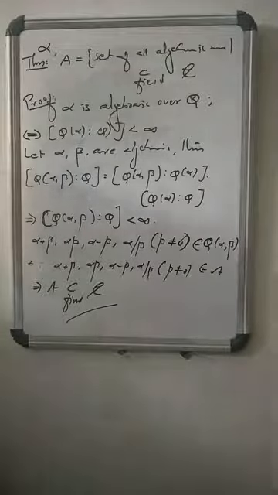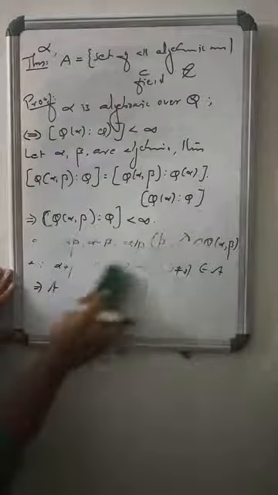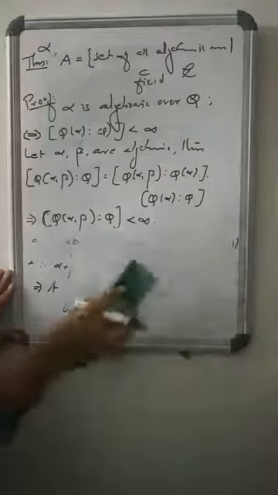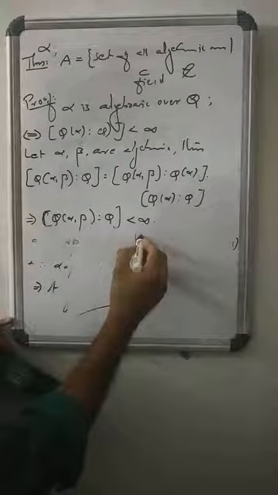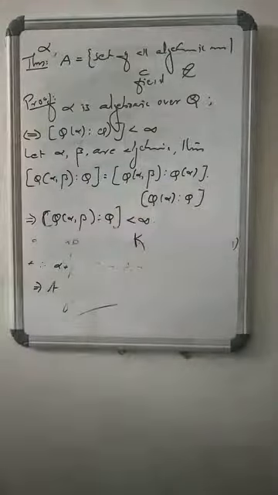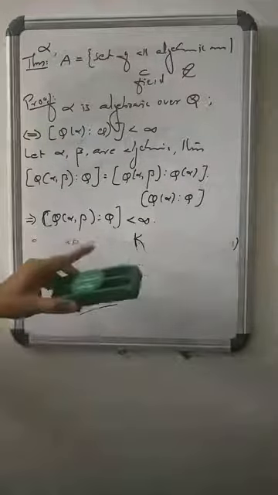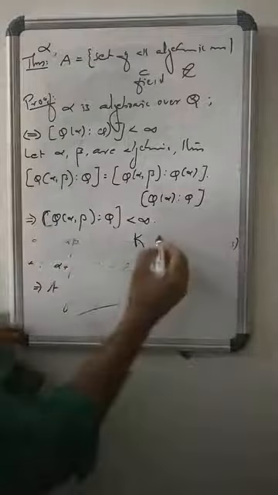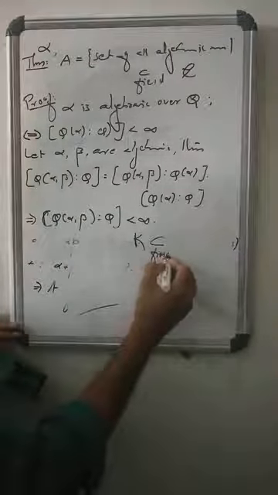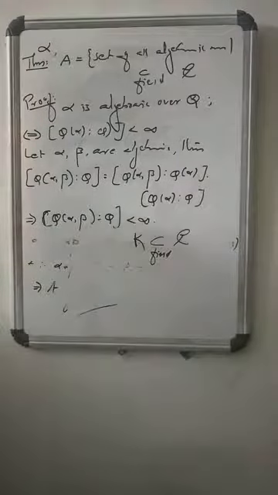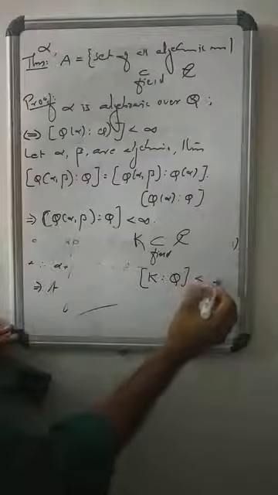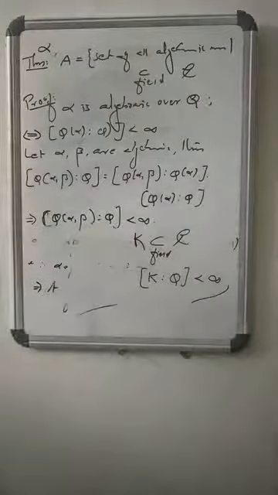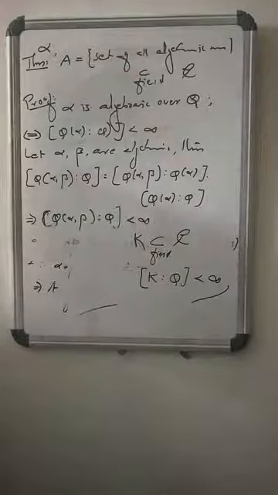Clear? Yes. Now, come to a definition: a number field K. K is any number field. A number field K is a subfield of the complex field C such that the degree of K over Q is finite.